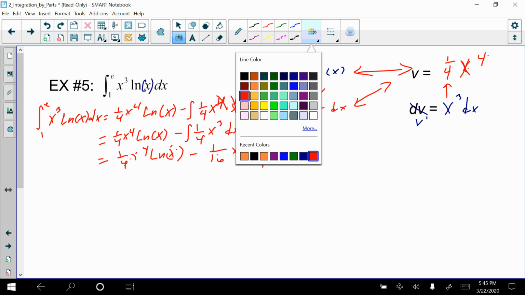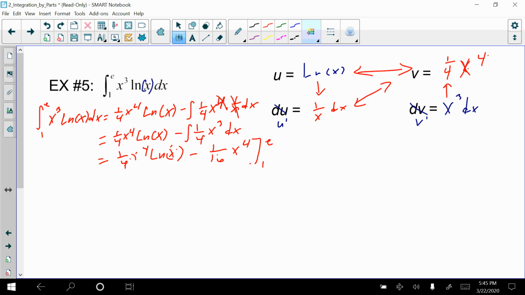So let's see what we get. So let's do this black color here for e. So I'm going to get 1/4 times e to the 4th times the natural log of e, minus 1/16 e to the 4th.